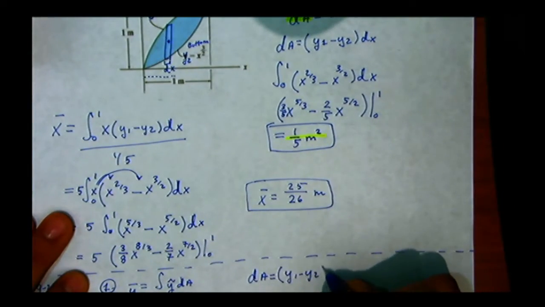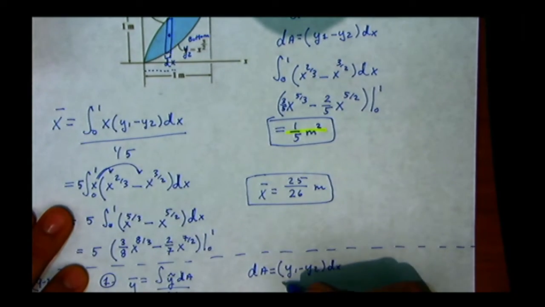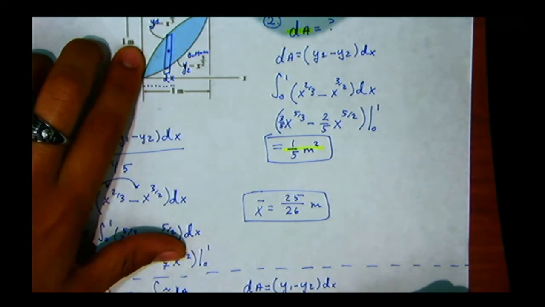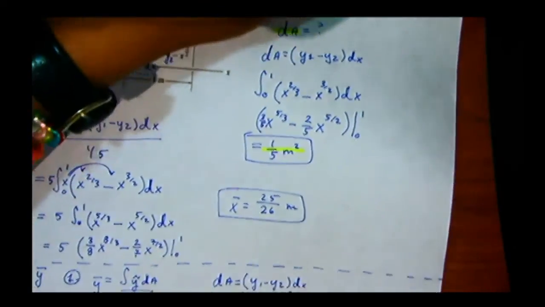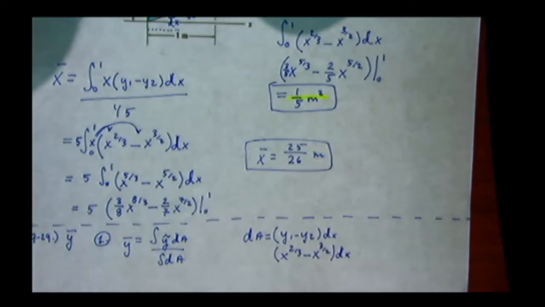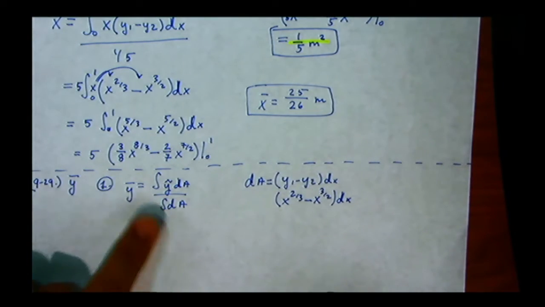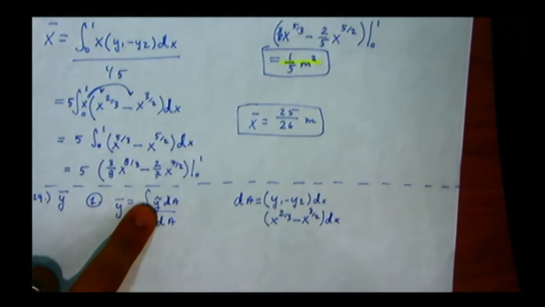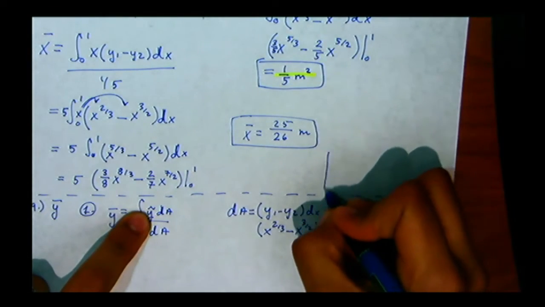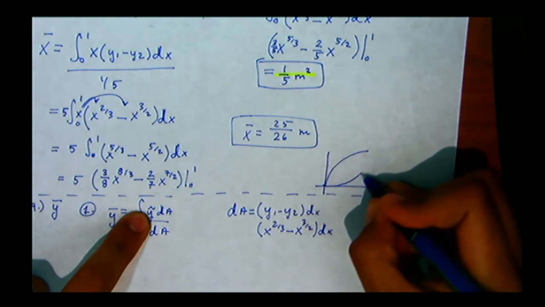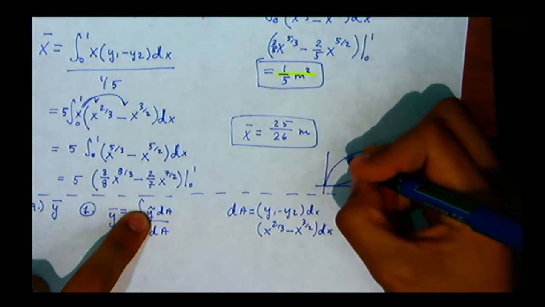Okay, so there's a trick with this y, and I'm going to draw this here. We're still taking dx slices. But what do you notice about the y?